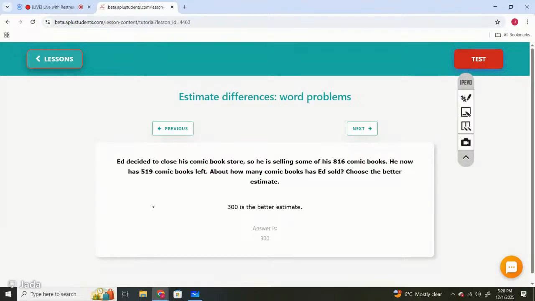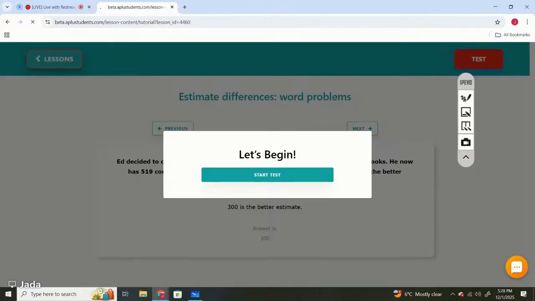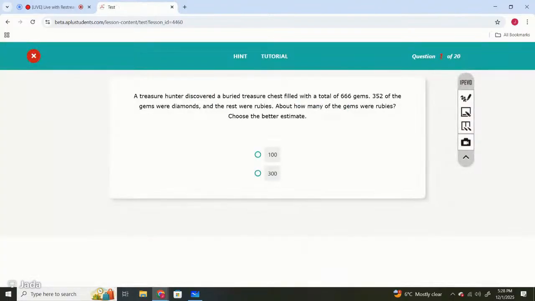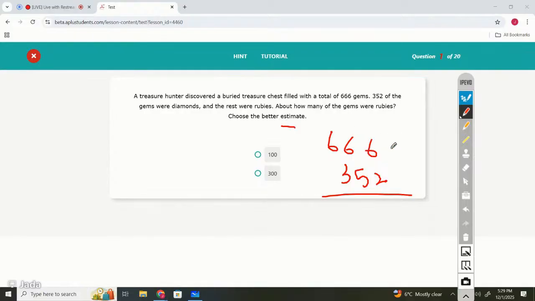Okay, I'm going to start with the test questions. A treasure hunter discovered a buried treasure chest filled with a total of 666 gems. 352 of them were diamonds and the rest were rubies. About how many of the gems were rubies? Choose the better estimate. 666, we need to estimate. 666 is rounded to 700 and 352 to 400.